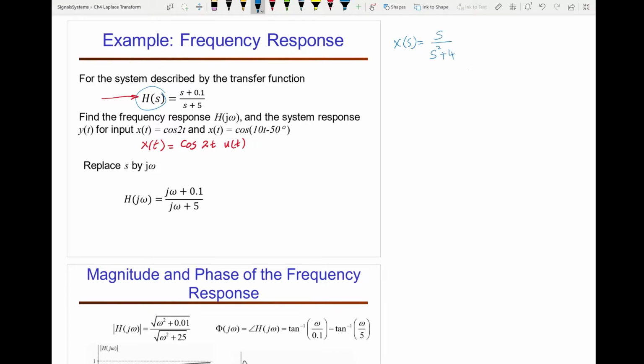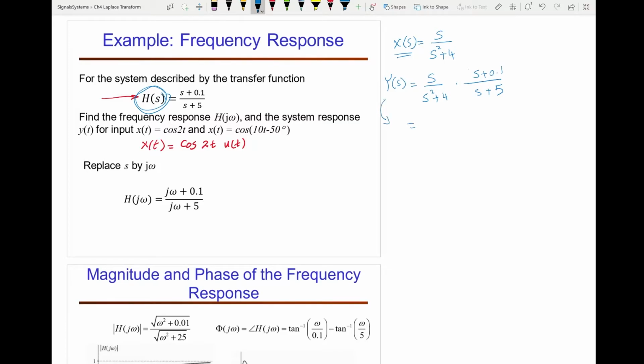And you can find that from the table. Now y of s will be just x of s times h of s. Now, in order to find y of t, I need to do partial fraction expansion.